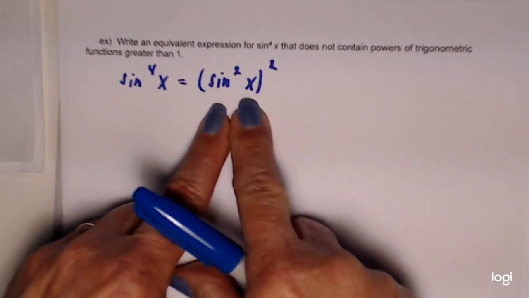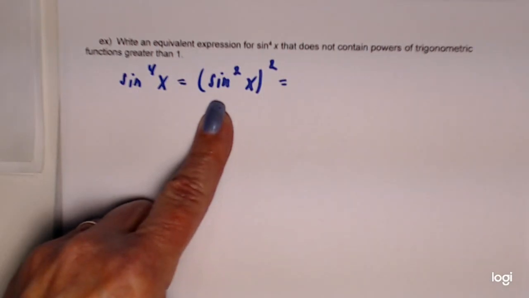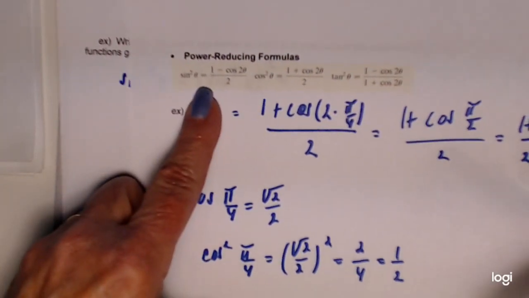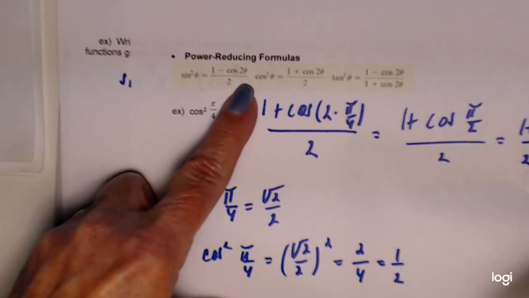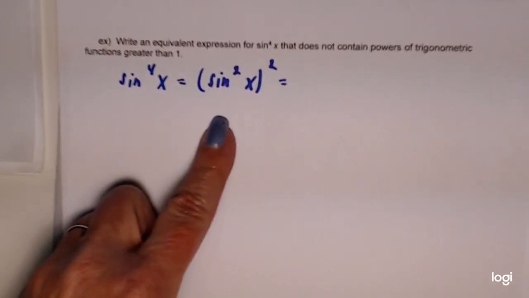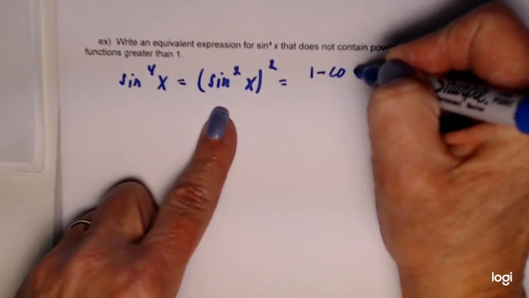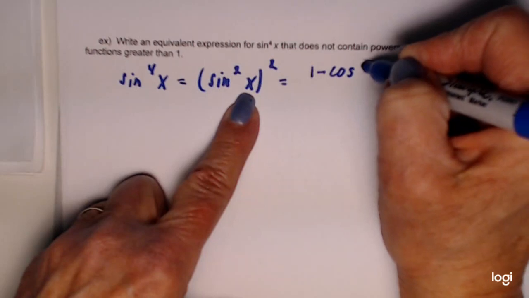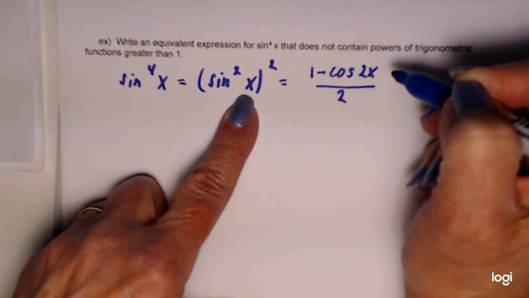The reason this is beneficial is we can take our power reducing formula. Going back to this sheet, for sine squared, it's 1 minus the cosine of 2 theta, all over 2. In this case, our angle is x, so it's 1 minus the cosine of 2x, and now this is all over 2.